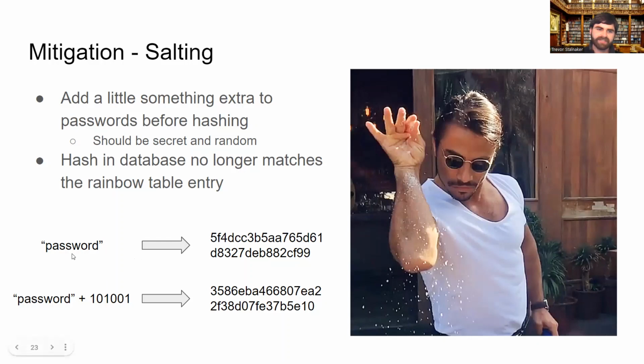So instead of just hashing the password, what if we added something random to it first? So here we've picked our salt to be 101001. So we will add this value to every password before we hash it. And now we get this out. This is completely different because technically, the password would be password101001, right?